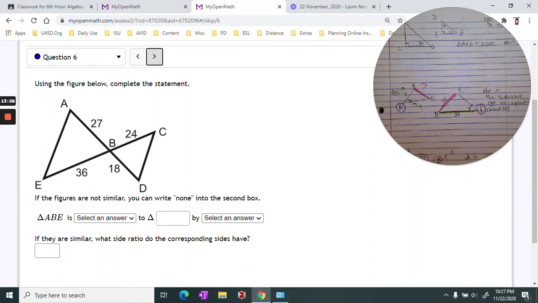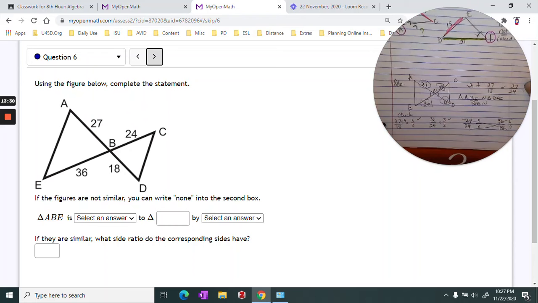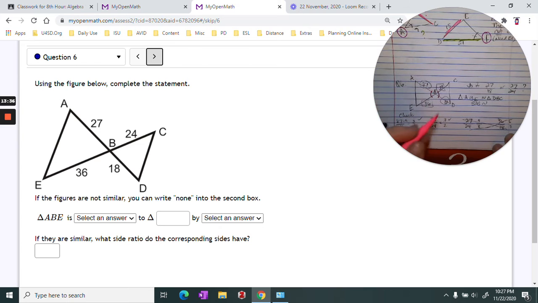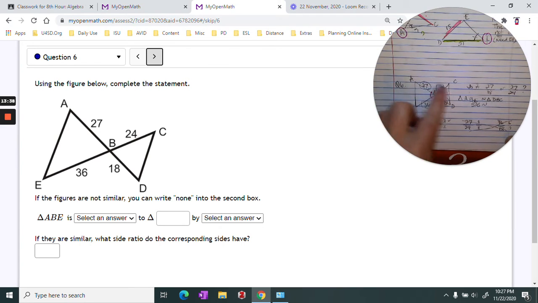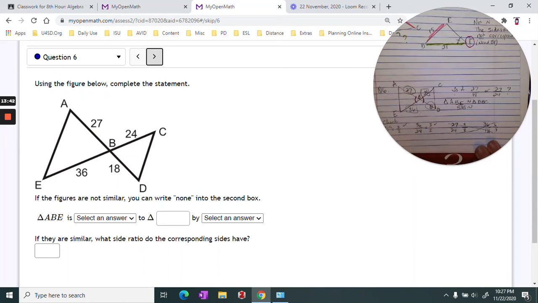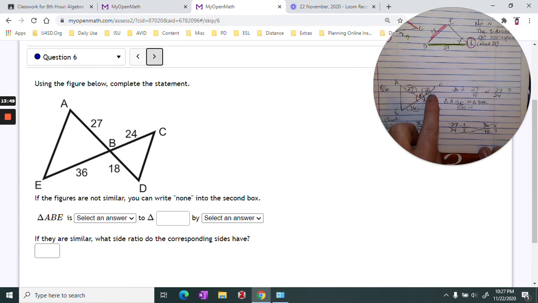Question 6, I'm going to show you. Okay, we've got those vertical angles happening again. But then I don't know the correspondences, so I asked a question, do I do 27 over 18 or 27 over 24? I don't really know.